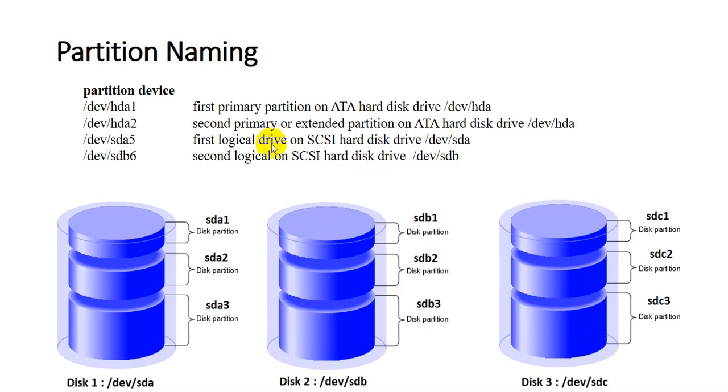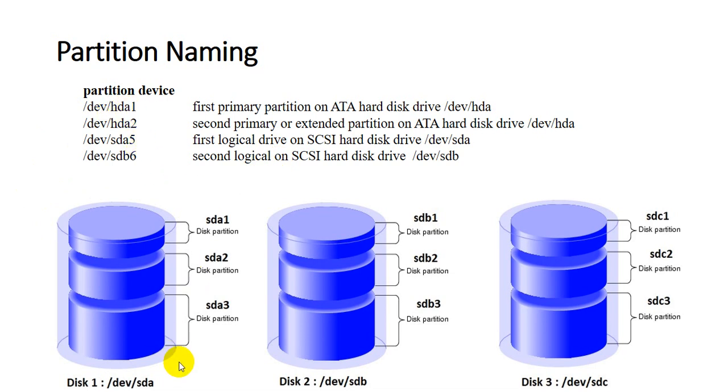Now, partition naming. If you attach any disk to the operating system, it will be detected inside the /dev directory, which is for devices. This indicates the device directory. If you attach an ATA hard disk, it will be detected as hda.